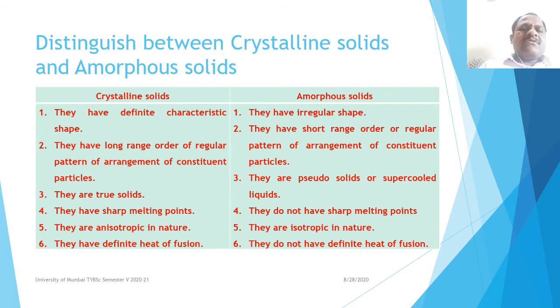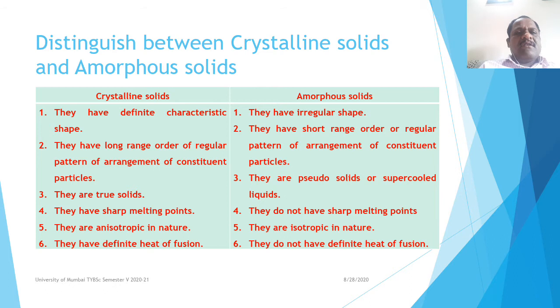If you know the important characteristics of solids, then you can distinguish that type of solids. So basically we have two types of solids: one is called crystalline solids, another is amorphous solids. So what are crystalline solids? Let me distinguish them point-wise.